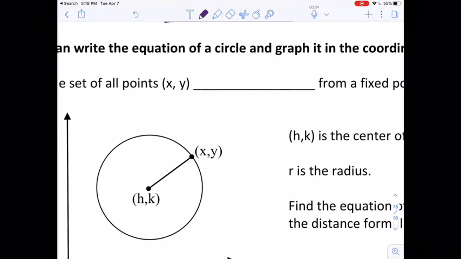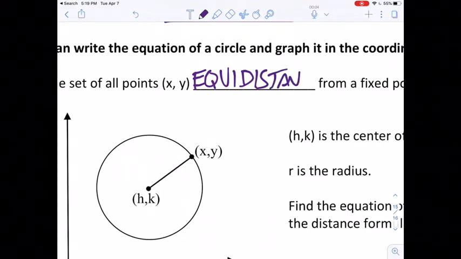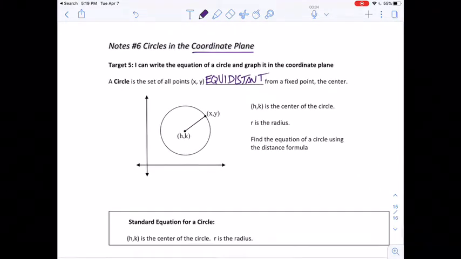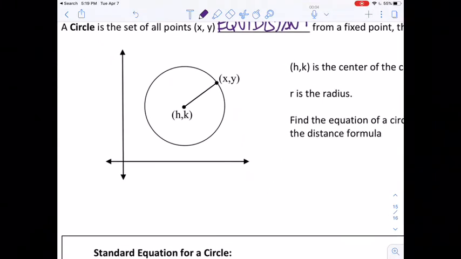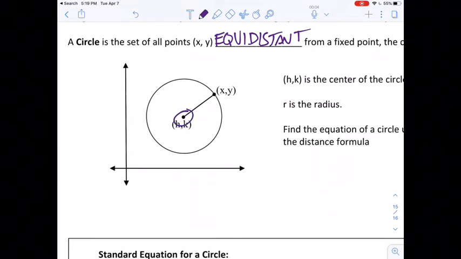A circle is a set of all points equidistant from a fixed point, the center. And when we look at this drawing, this is our fixed point, the center of the circle. We have a certain distance xy.